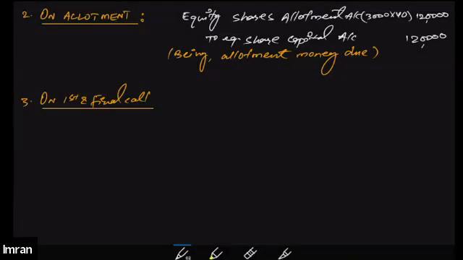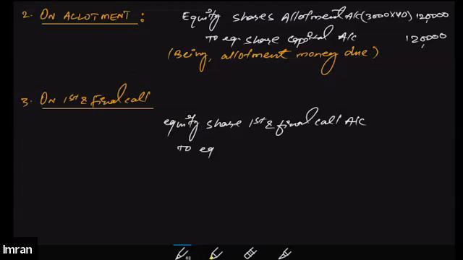What will be the general entry? It will be equity share first and final call account to equity share capital, right?